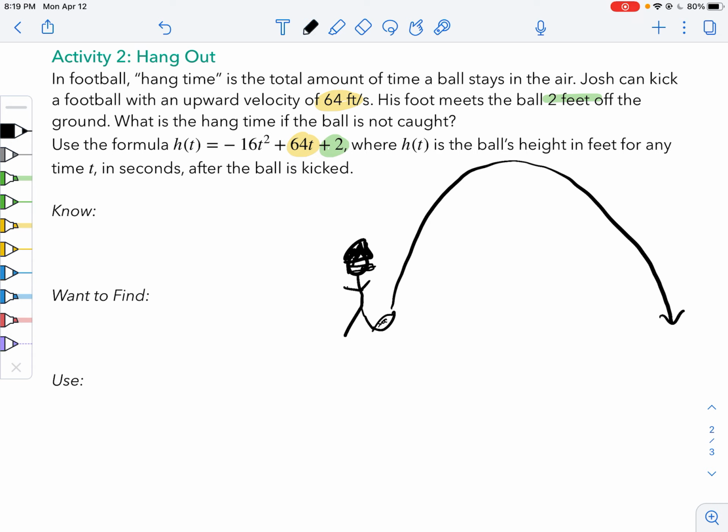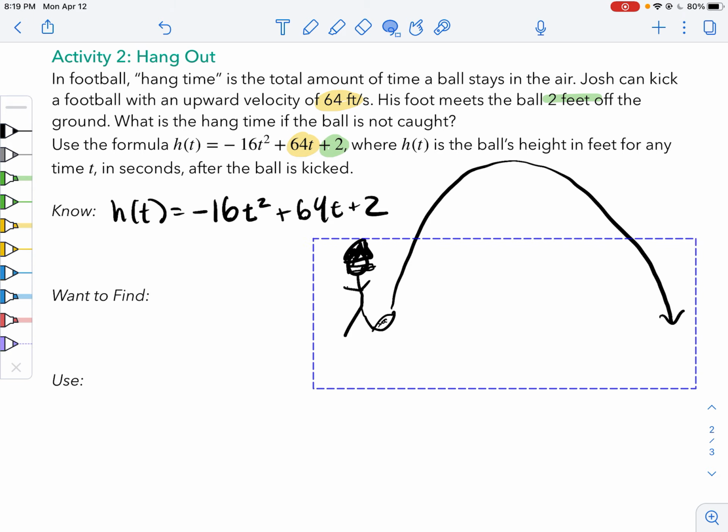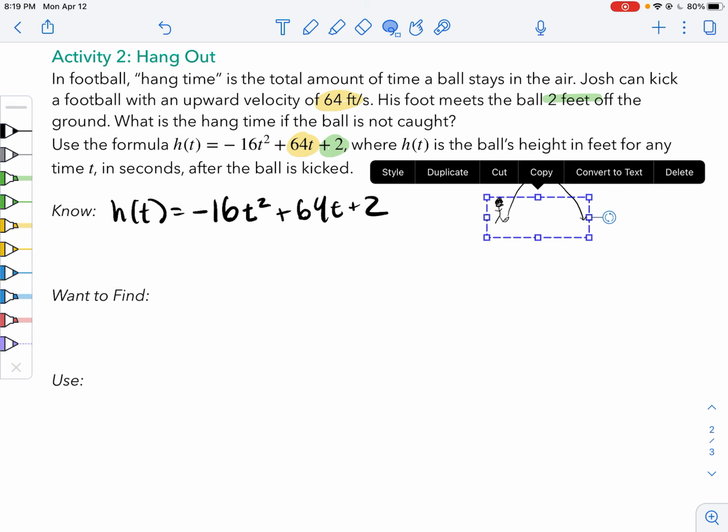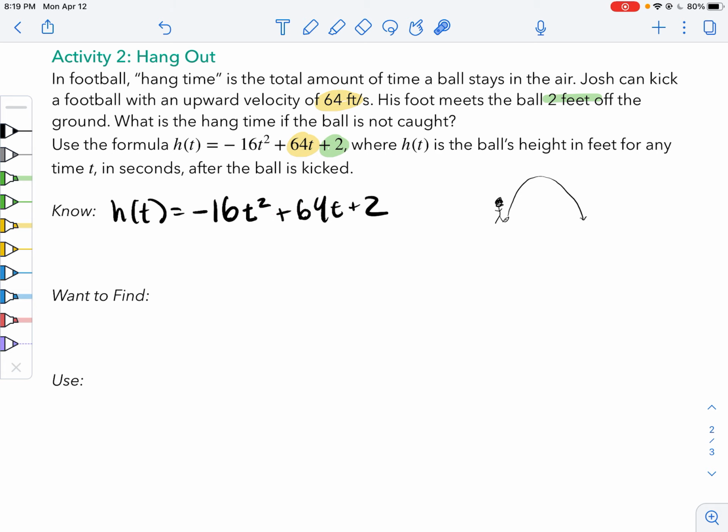We know that the height is negative 16 t squared plus 64t plus 2. So that tells us that at any time t, the ball's height can be found here. The height when t equals 0 is 2. And we want to find what t is when h of t equals 0.